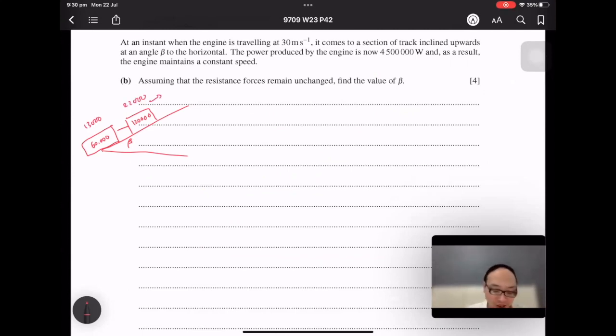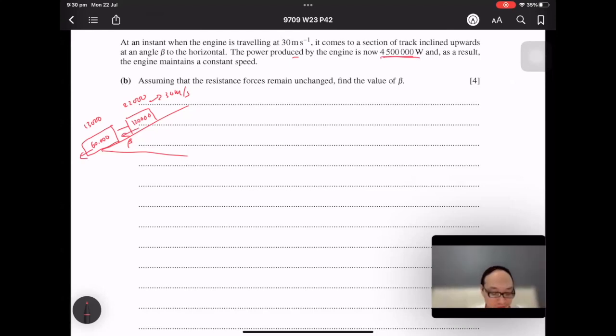The power produced by the engine is now 4,500,000 watts, and as a result the engine maintains a constant speed. Assuming that the resistance forces remain unchanged, find the value of beta.